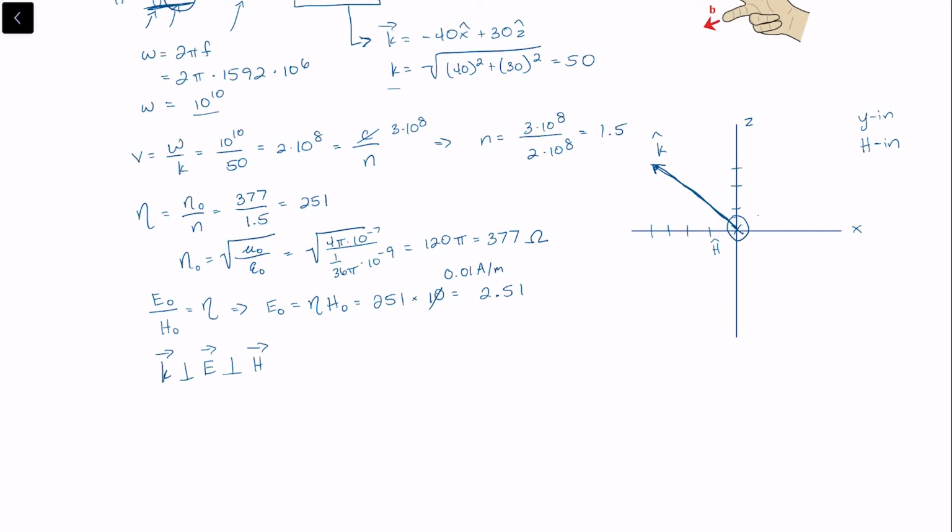Basically, if you have either the electric field or the magnetic field equations, you can find one using the other because they have the same phase information. Also, we can simplify this into k hat direction is equal to E cross H. Now that's crucial information. This defines our right-hand rule.